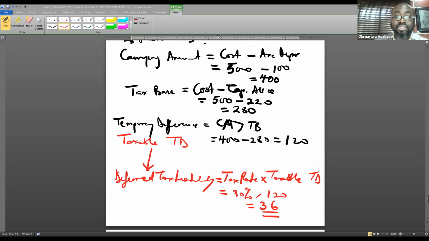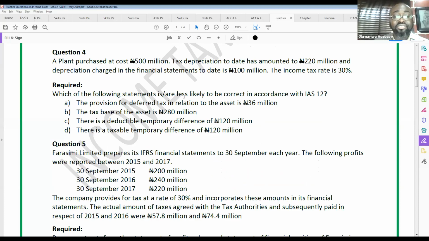And let us see what our answers will likely be, without preempting anything. They said, which of these following statements is or are less likely to be correct? Provision for deferred tax relating to the asset is 36. Do you see anything like 36 million? Which means this statement is correct. The tax base of the asset is 280. Do you see anything like 280? Yes.